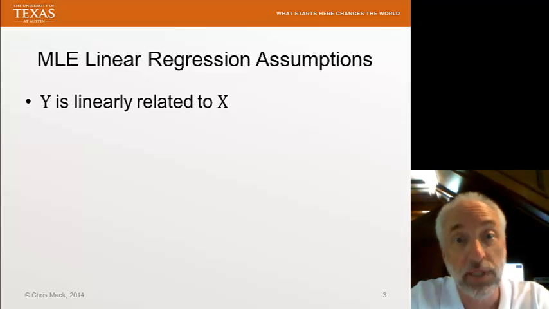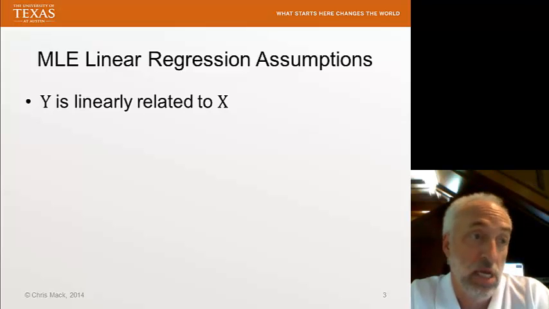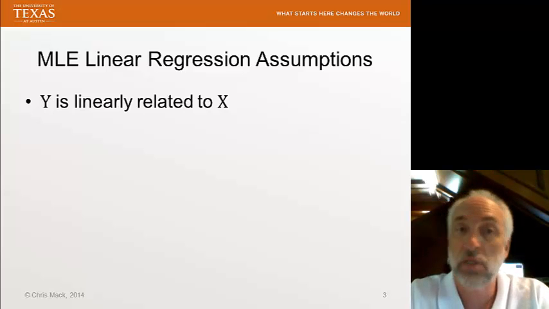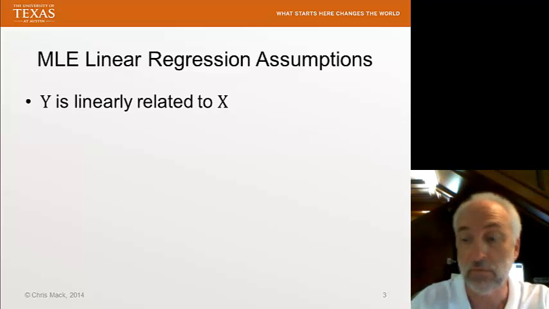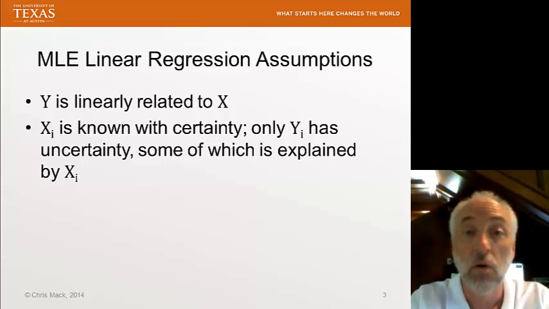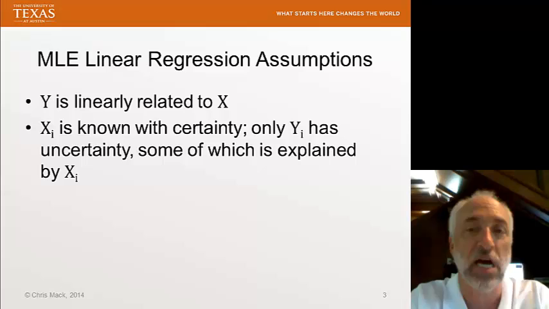As we saw in the lecture on correlation, if y is related to x in say, a quadratic fashion, then our linear regression won't really have much meaning. We'll assume that the xi is known with certainty for every i.